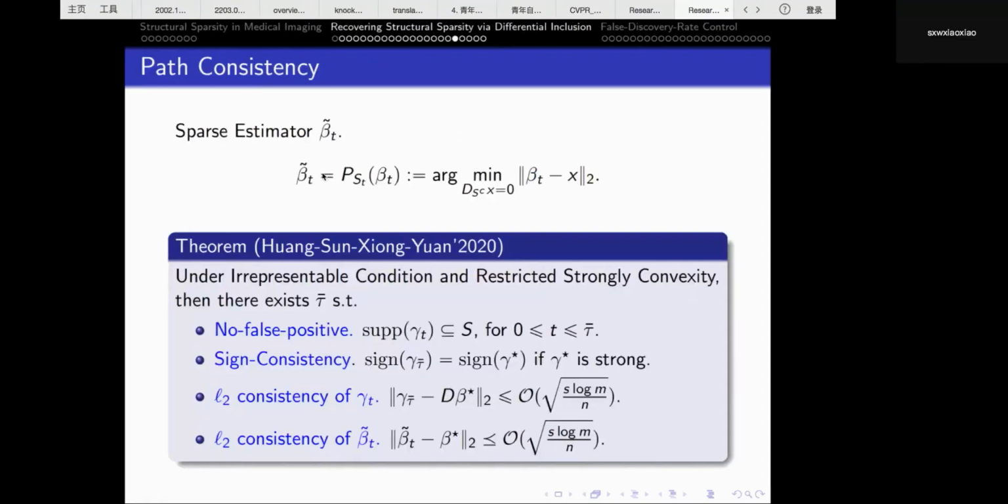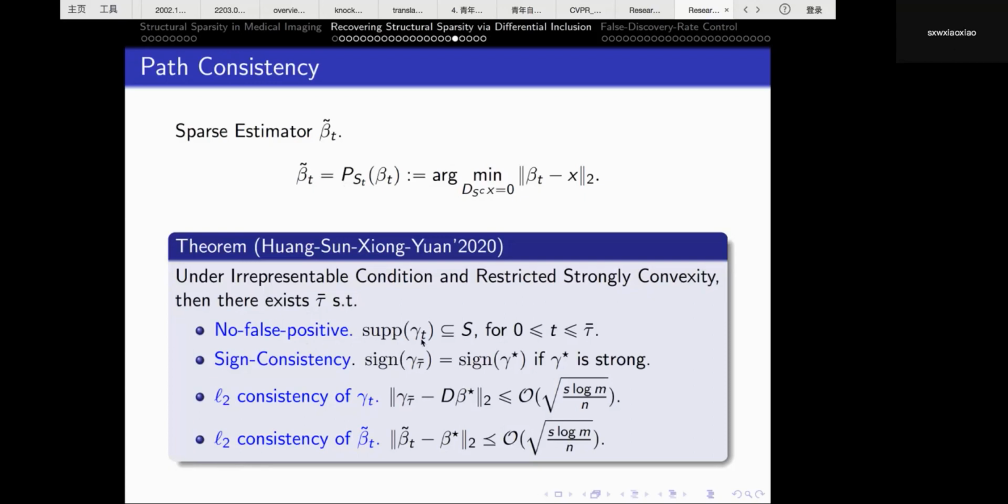Besides, note that because of the variable splitting term, the beta t is not sparse, so we can project beta on the subspace expanded by the support set of gamma at each step to return another solution called tilde beta t. So this is a sparse estimator. Under the previous two assumptions, we have the following theoretical result.